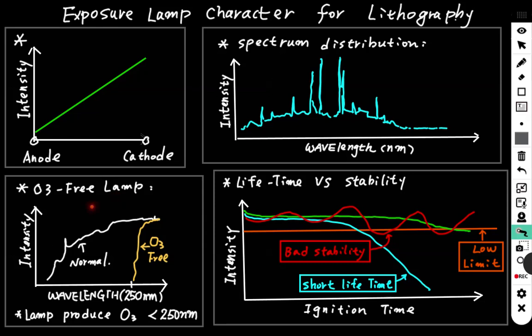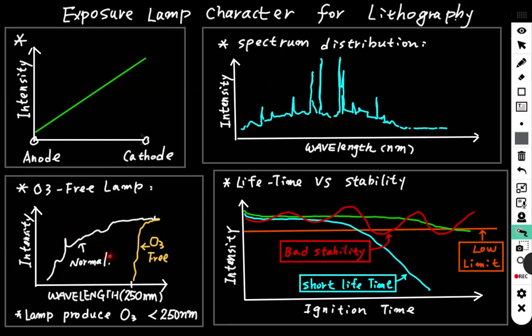It has the intensity, so it will produce ozone in this cell space. That will be dangerous to the human body. So we have to install ventilation to let the ozone exhaust to the atmosphere, to avoid danger to the human body.